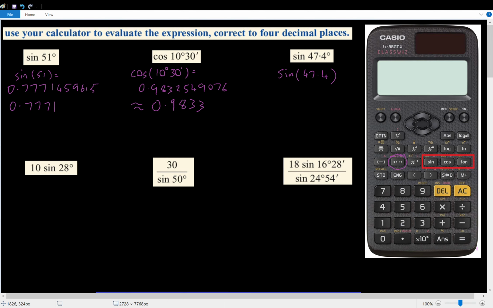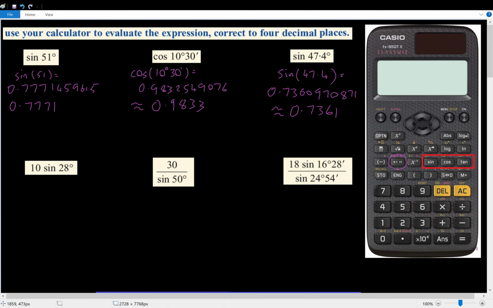And from that one, we're going to get 0.7360970871. And if we round that off, we get 0.7361 to 4 decimal places.